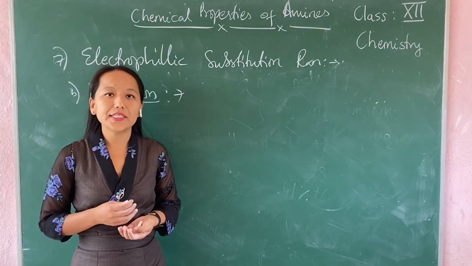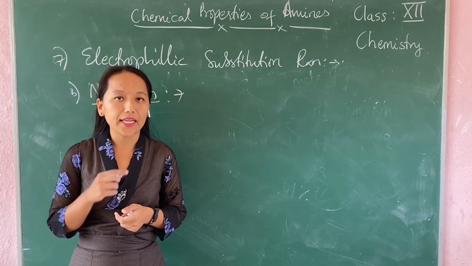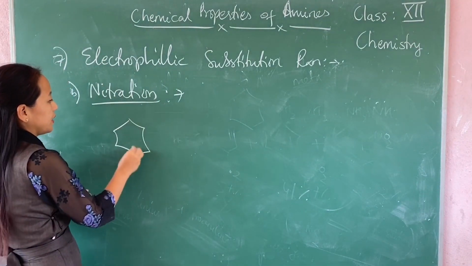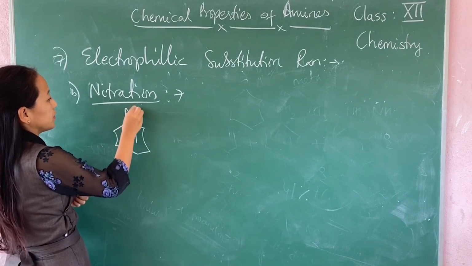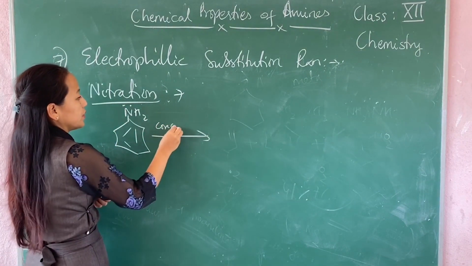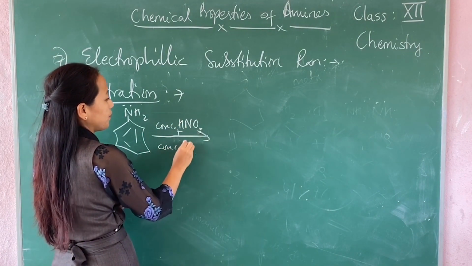Okay, now the question is, what if you don't protect the NH2 group on the benzene ring and carry out nitration? In that case, you will get a mixture of compounds with concentrated HNO3 plus concentrated H2SO4.